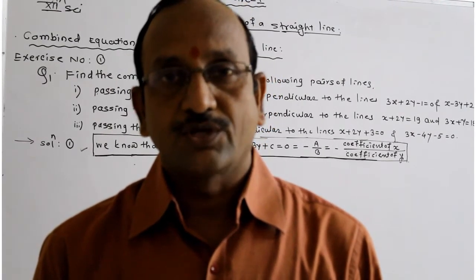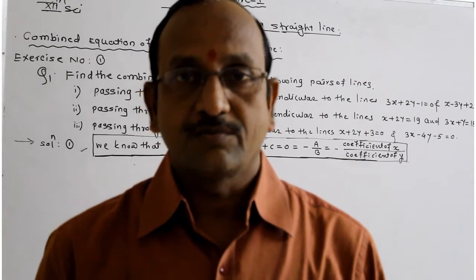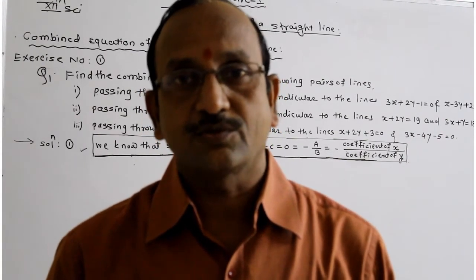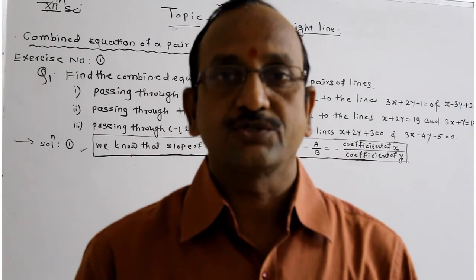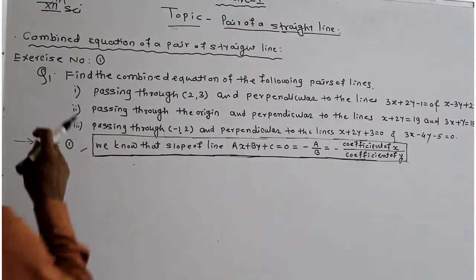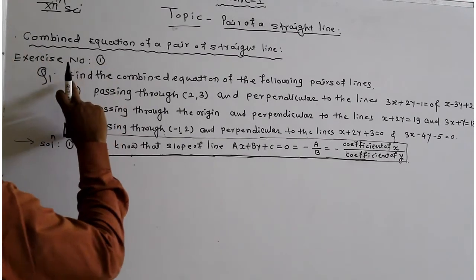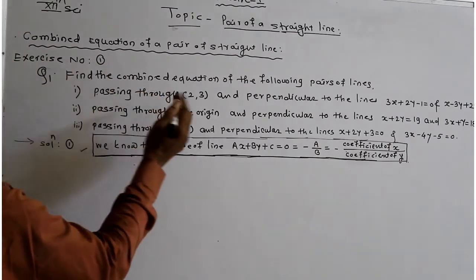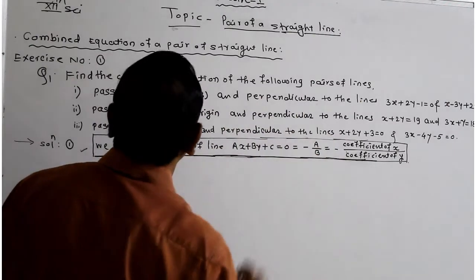Now, today we are going to start the examples on combined equation of two lines or joint equation of two lines. So, exercise number 1 here. In exercise number 1, there are 3 questions. Find the combined equation of the following pairs of lines.